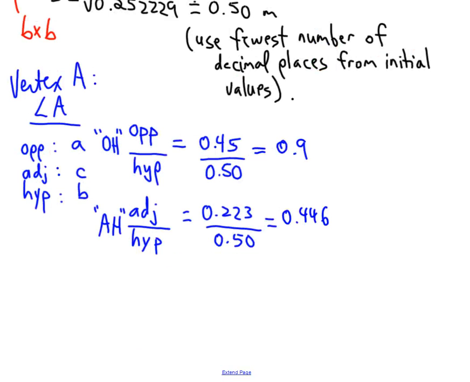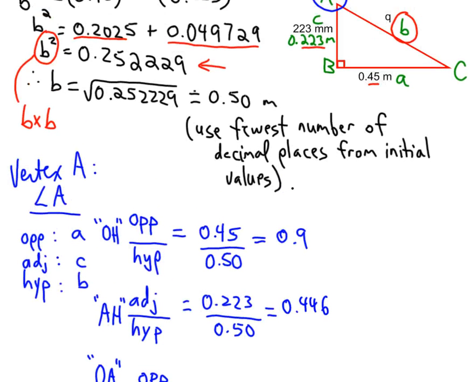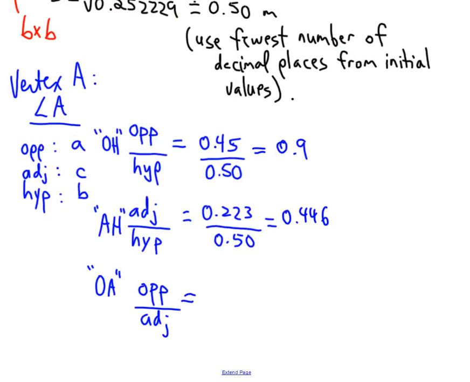And finally, the OA of SOHCAHTOA, starting to tie this in with where we're going to go next, is the opposite over adjacent, and that ratio is called the tangent ratio. Opposite over adjacent is 0.45 over 0.223.